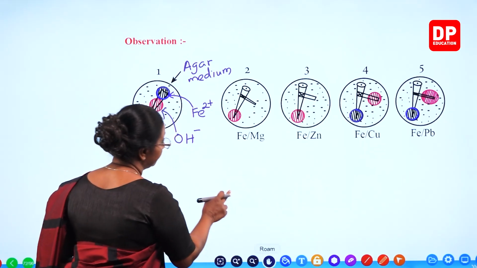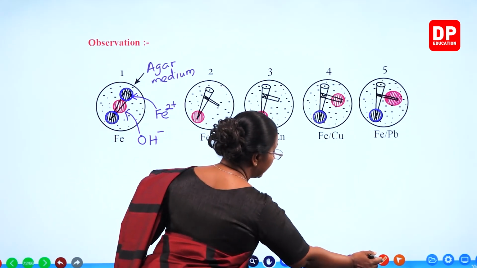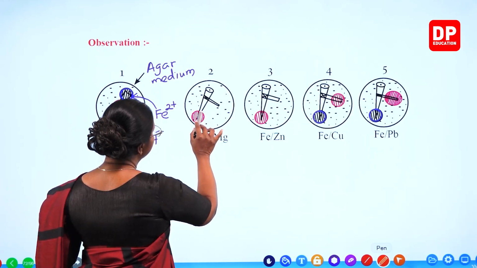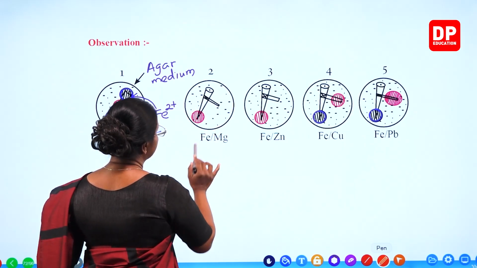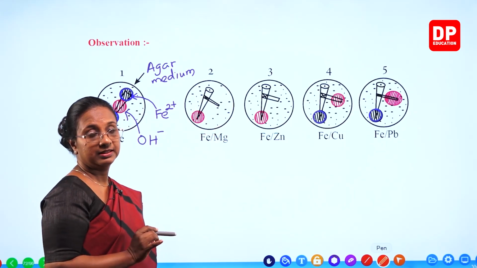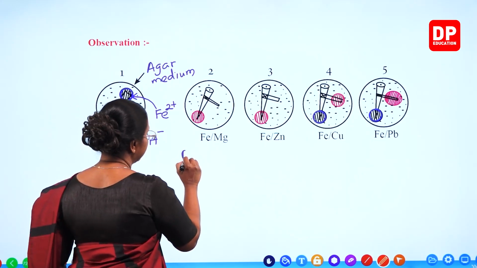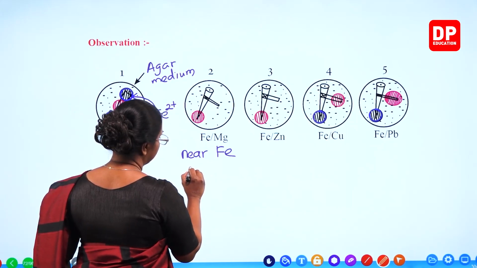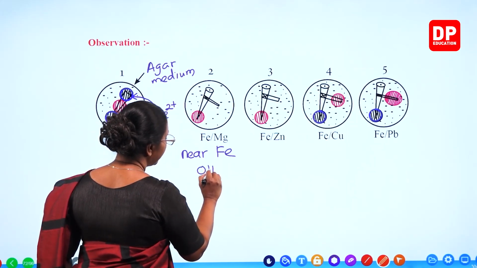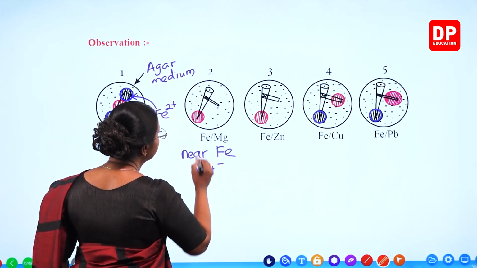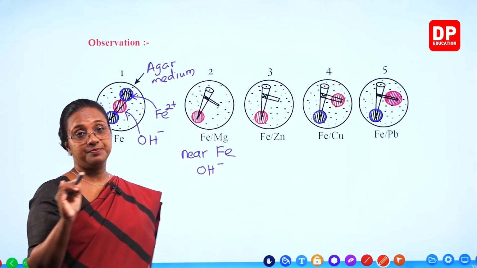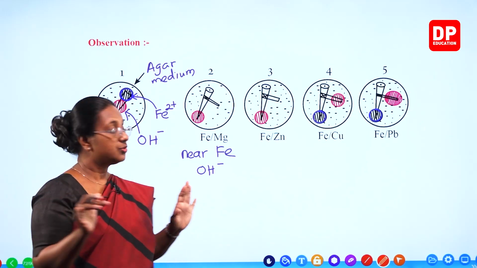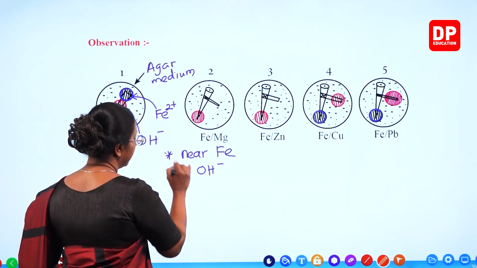Then in the second one. Now look at the second one. There you were only able to see pink color near iron. So there are OH- ions near the iron nail. And there is no blue color. So what is the meaning of that?